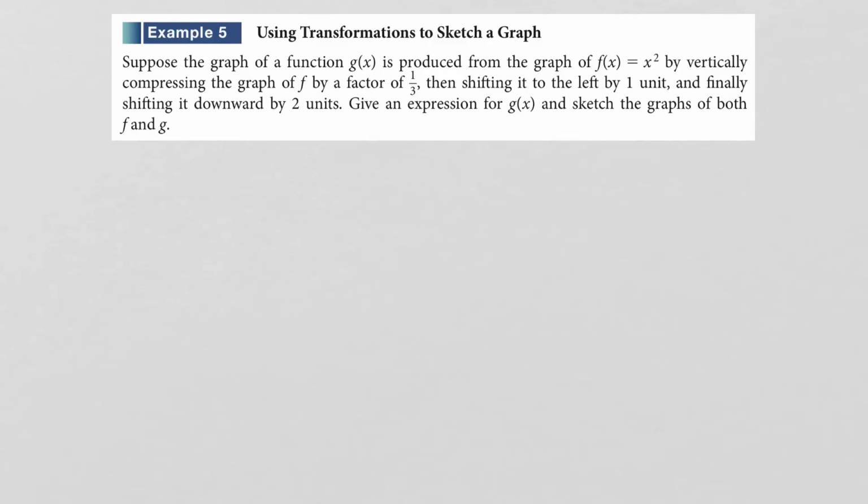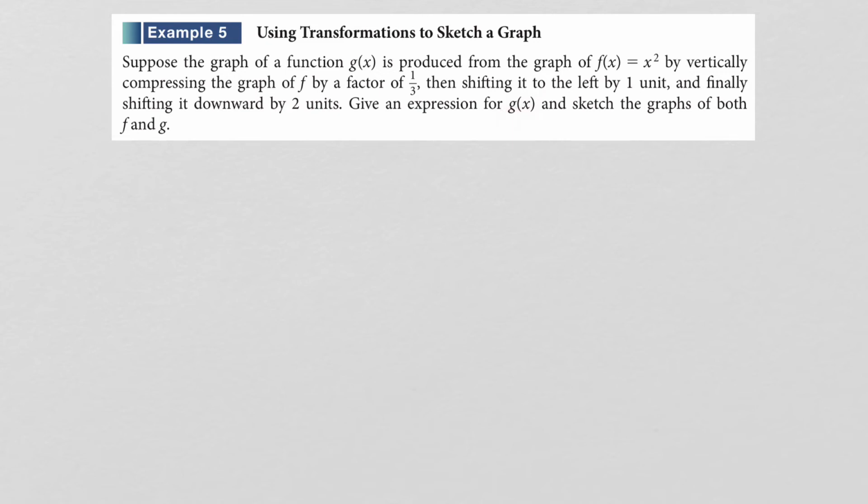For this next one, we're going to take a little bit different approach. It says, suppose the graph of a function g of x is produced from the graph of f of x equals x squared. And then they describe how this happens. So we're going to vertically compress the graph of f by a factor of 1/3, and then shift it to the left by 1 unit, and finally shifting it downward by 2 units.